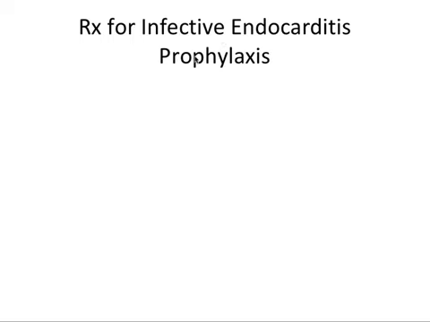So how about a prescription for infective endocarditis prophylaxis? If we're giving treatment to a patient that needs antibiotics, what would that script look like? Our first choice for antibiotic prophylaxis is amoxicillin.